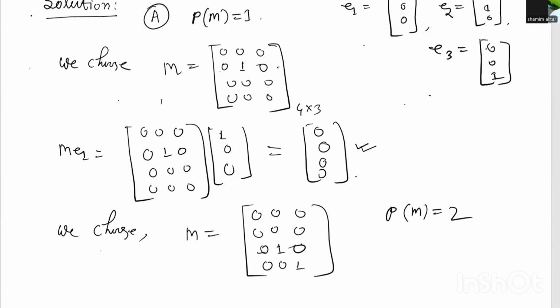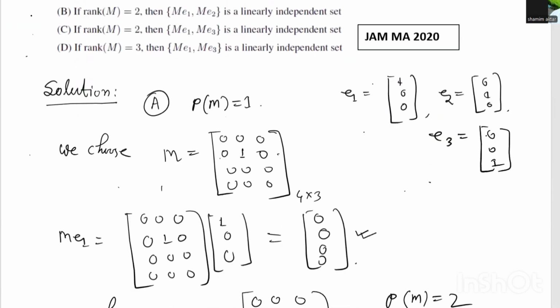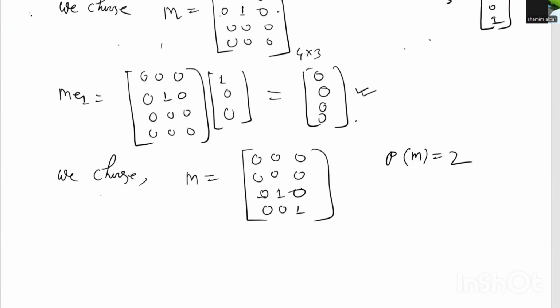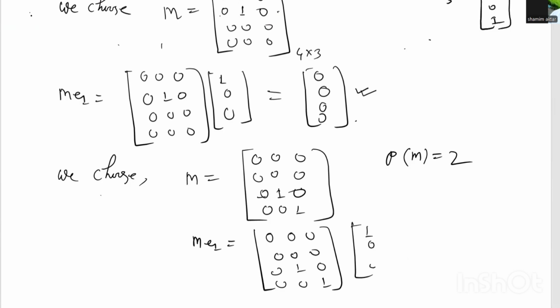Now multiplying by E1, this implies M into E1 equal to the zero vector.